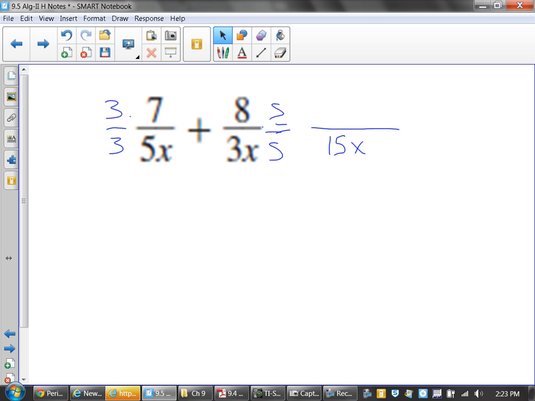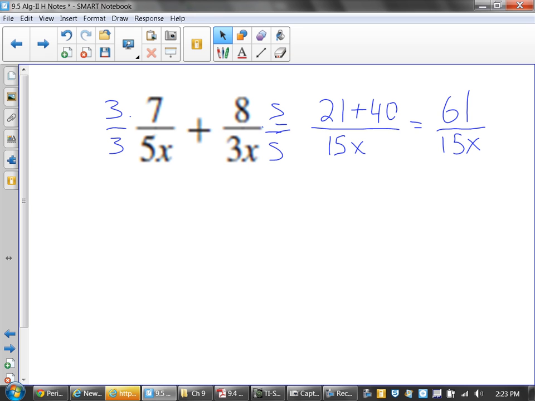What's 3 times 7? 21. Plus, what's 21 and 40? 61. Can I simplify that any further? No, 61 is a prime number.